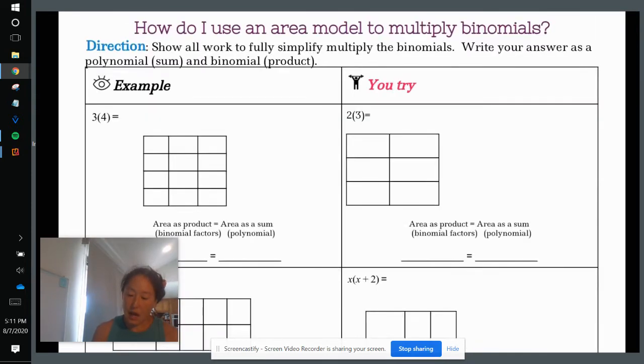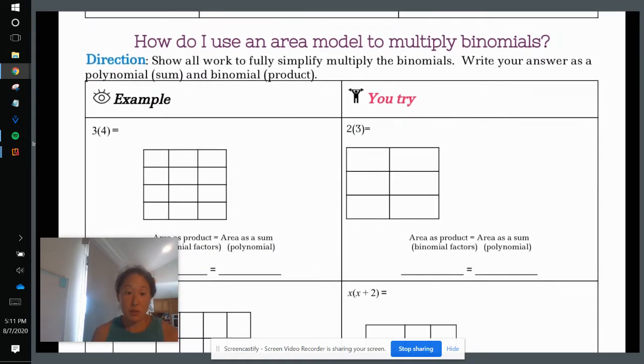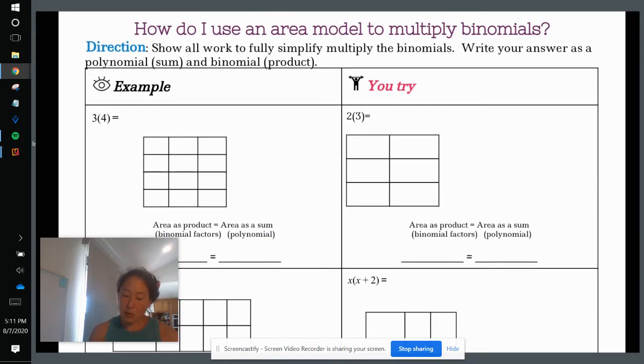Okay, how do you use an area model to multiply binomials? So we're just going to do some examples so that when we get to the harder ones, you kind of know how to do this, okay? So we're multiplying 3 times 4. So 3 is 1 plus 1 plus 1 gives me a total of 3. And then the side is a total of 4, which is 1 plus 1 plus 1 plus 1.